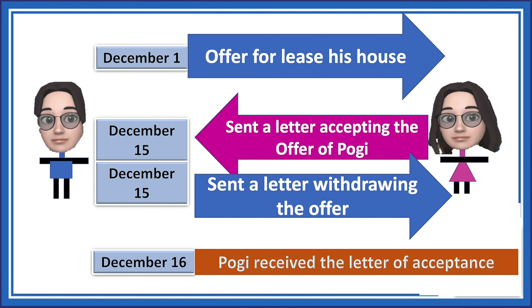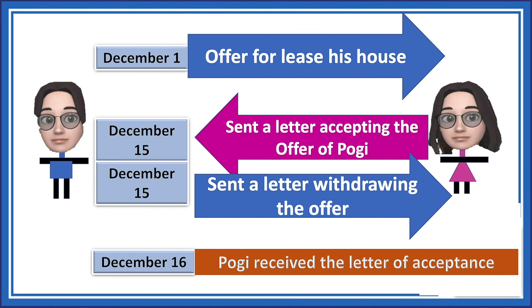The answer is no. Why? Because prior to the receipt of the letter of acceptance, the offer had already been withdrawn. Okay? Pogi withdrew before there was any acceptance. As it is said, the acceptance is binding only from the time it came to the knowledge of the offeror. Okay? So, I think that's it.